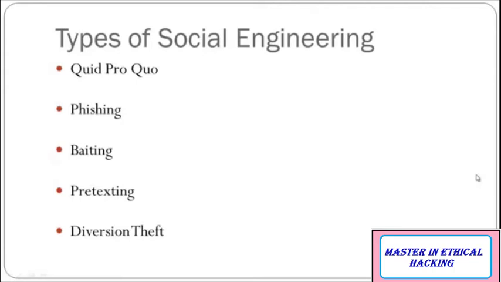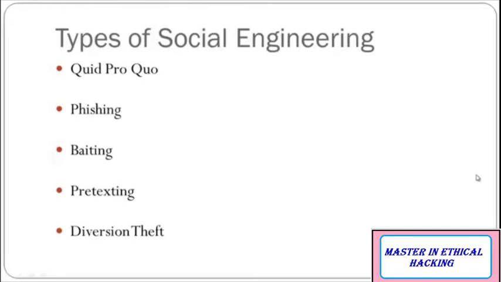You send, for example, a PDF file, an MP3 file or a video through WhatsApp, Facebook, Gmail or any other email, and the person opens it. But when he opens it, he won't find the thing that he wanted. In the background, your virus will be executed, and you will remotely have access to that specific computer. That's what baiting is, and I will be teaching you this in one of my tutorials later on.